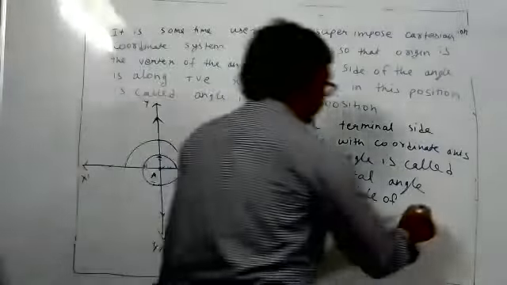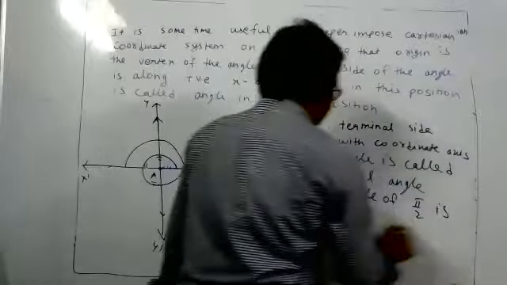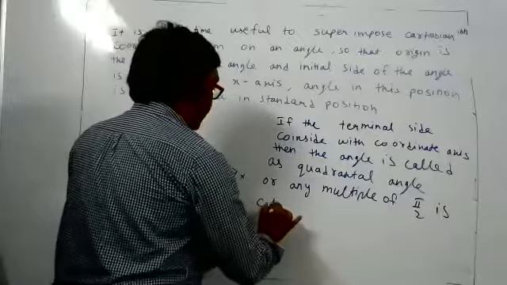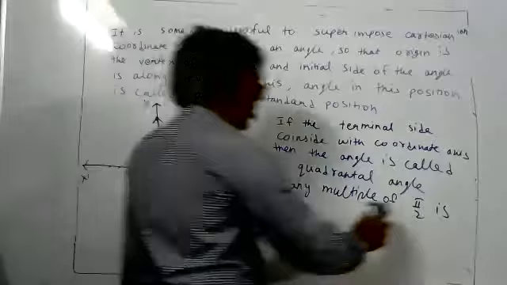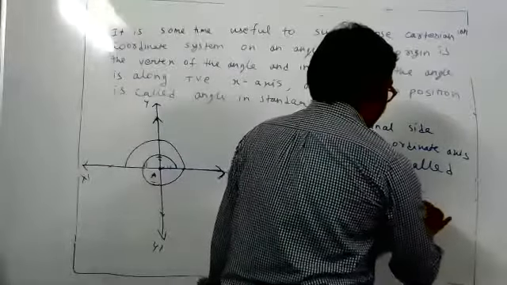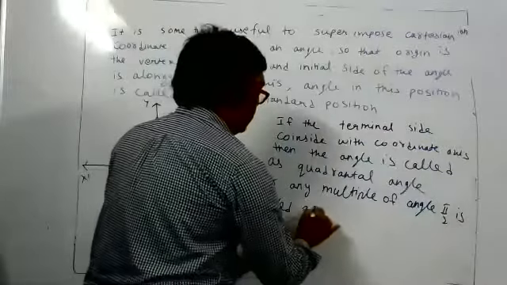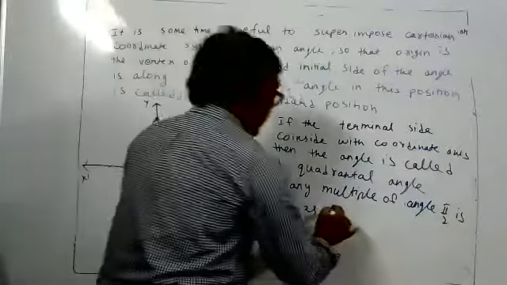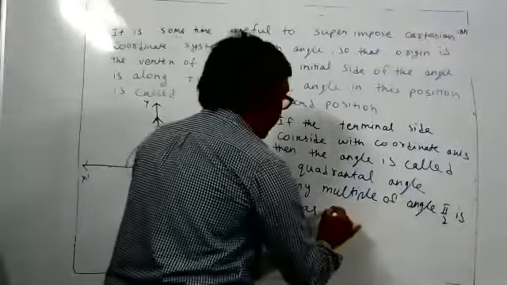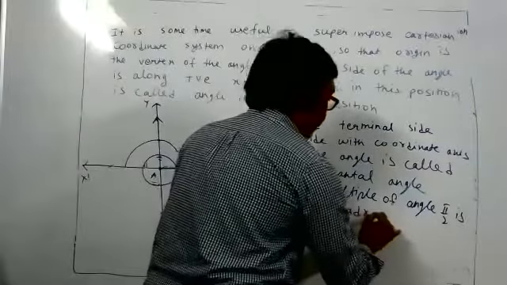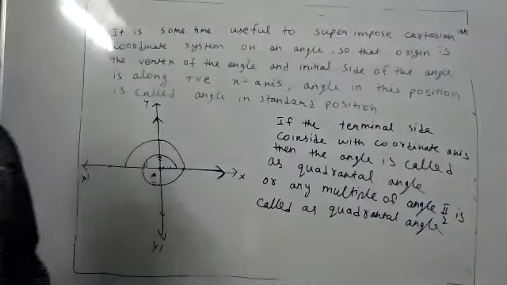Any multiple of pi by 2 is called a quadrantal angle. So we can redefine a quadrantal angle: any multiple of pi by 2 is called a quadrantal angle.